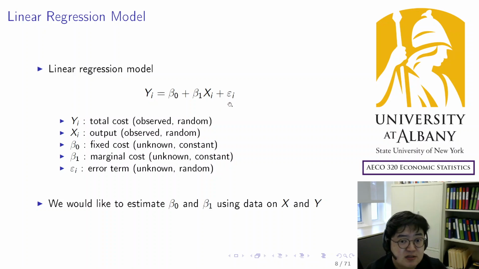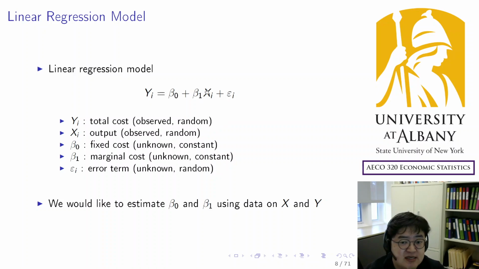Exactly, this is the equation you learned in microeconomics. Your total cost is fixed cost plus marginal cost times output, and the only difference is the error term that I allow.